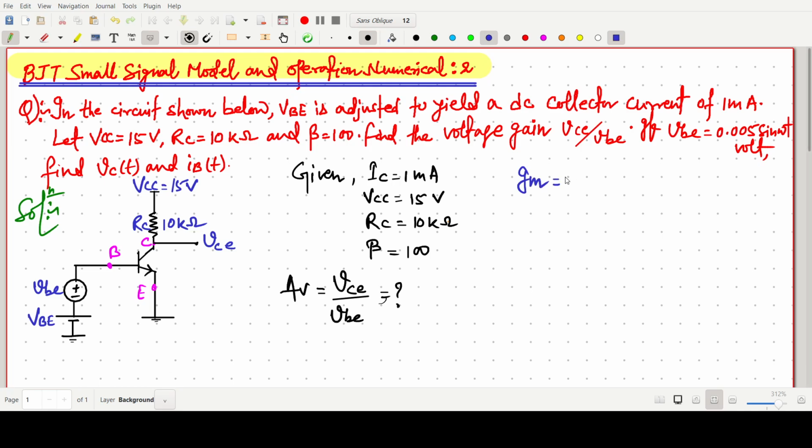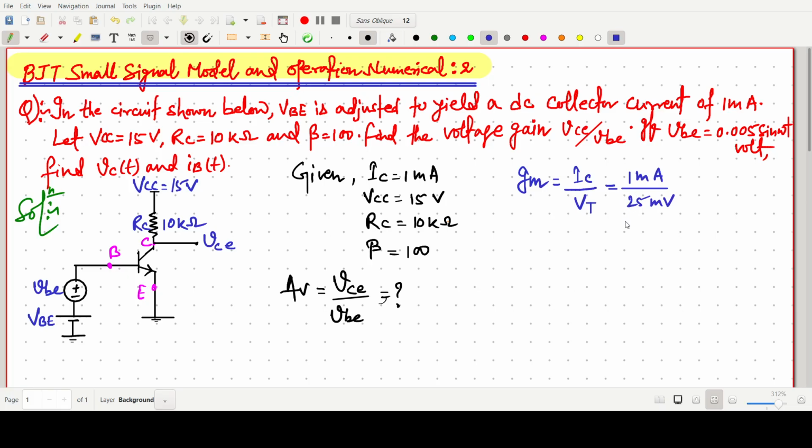The gm, transconductance of a BJT, can be easily found by using the formula gm equals IC by VT. For this, you can follow my earlier video. So IC is already given, 1 milliampere, and thermal voltage is 25 millivolts. So milli will be cancelled.